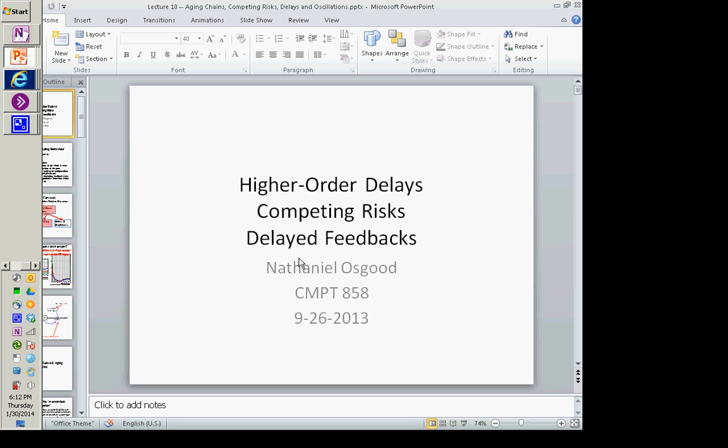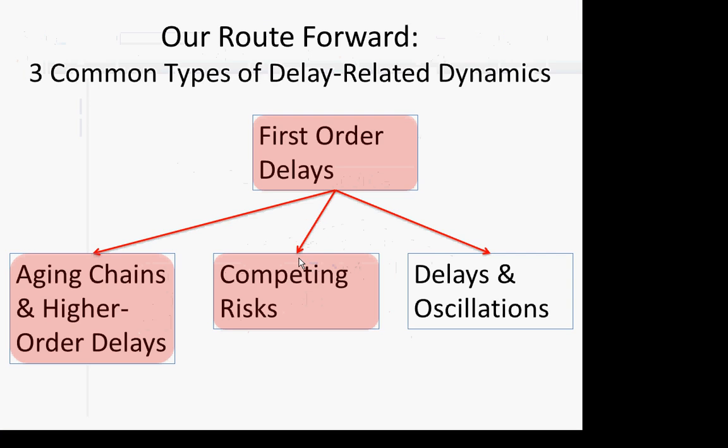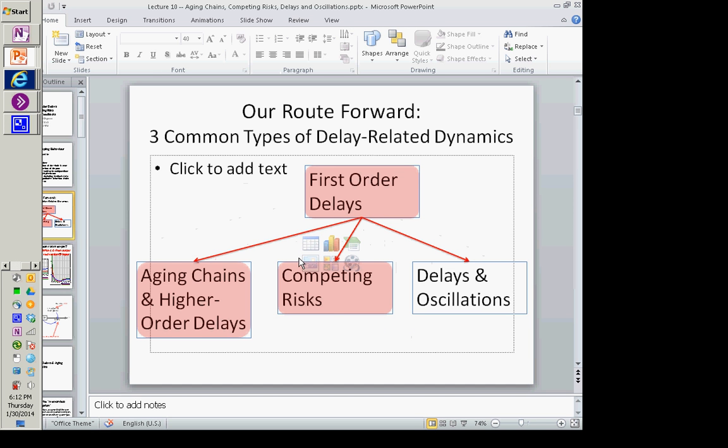I'll make one other comment here, which has to do with the third component of this, delays and oscillations. We talked about aging chains and competing risks, and this is the final component before we go into nonlinear models.